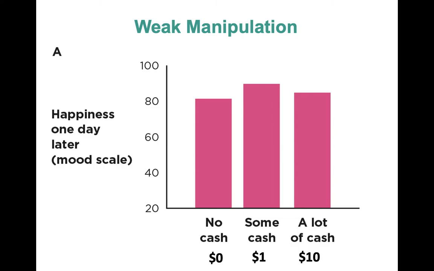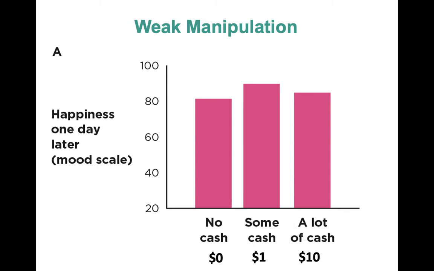All right, so let's talk about a first possibility of having a weak manipulation. So let's go to the study in which researchers are trying to see if giving people money affects their happiness one day later. Well, one reason why there's no differences between the treatment conditions or between the groups could be because they have a weak manipulation.